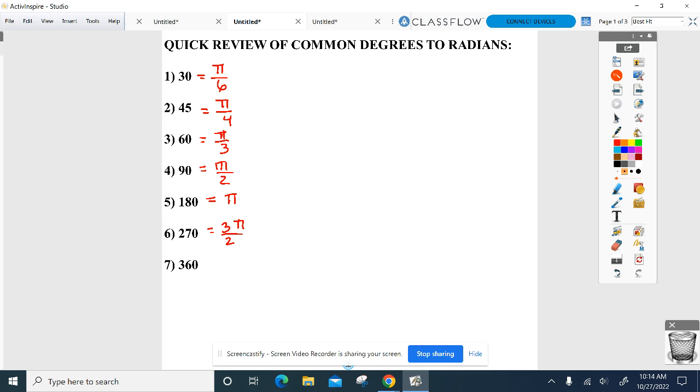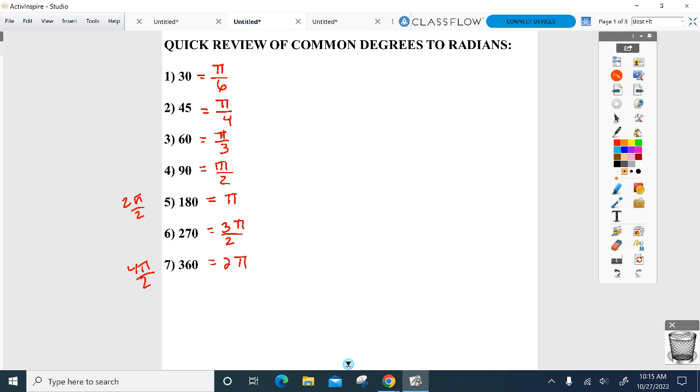This is 2 pi over 2 just reduced. Keep counting. 1 pi over 2, 2 pi over 2, 3 pi over 2, 4 pi over 2, also known as 2 pi. All right? So these are ones that hopefully we're going to see more and more now.